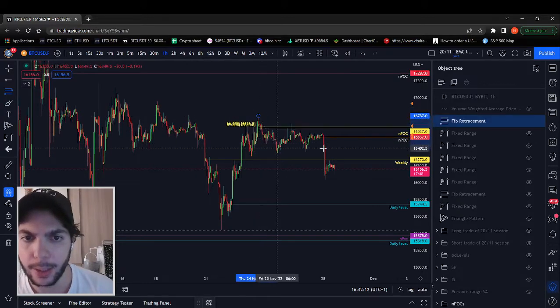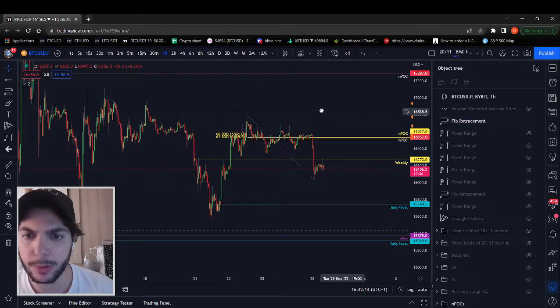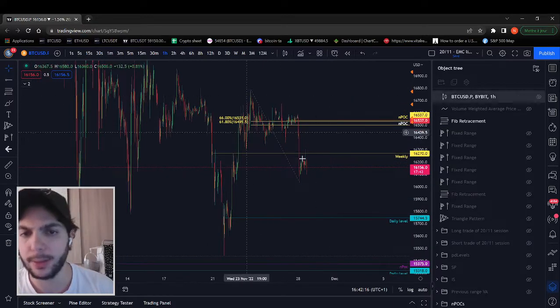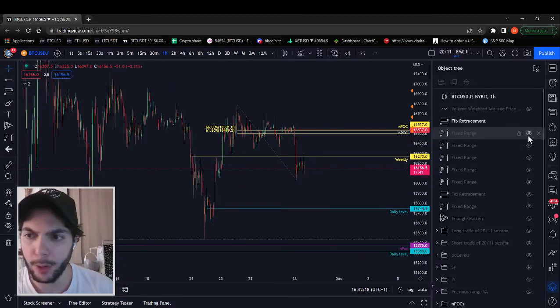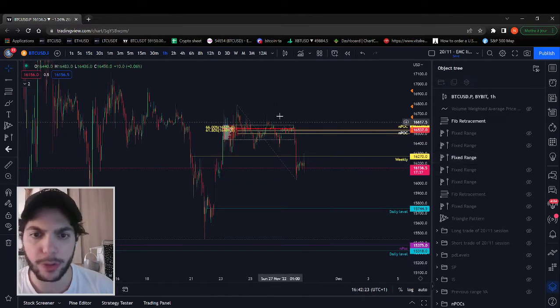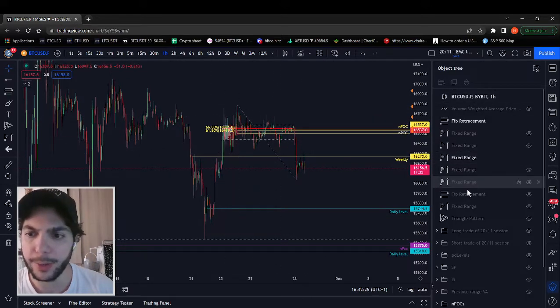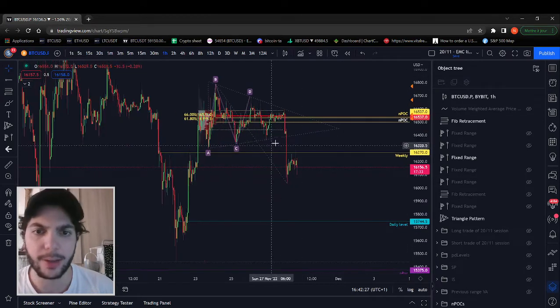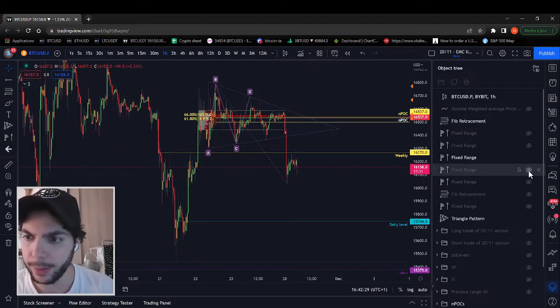Well, the retracement in my mind would be naturally this one. Okay, remember, this is, where is it, the point of control of this triangle area. I'm just going to put the triangle again so you can see it. Point of control of this triangle area.